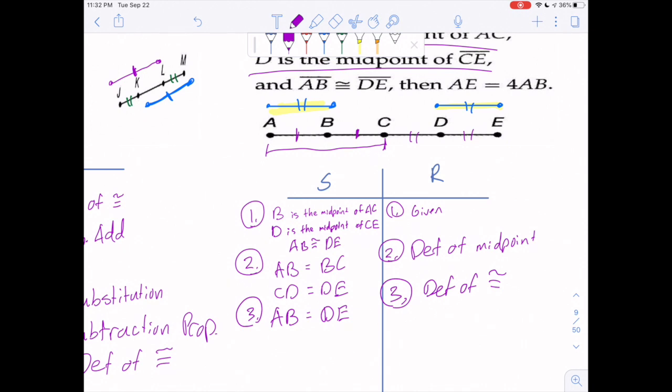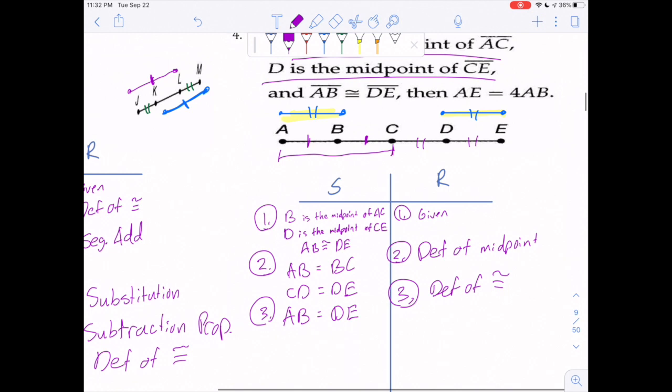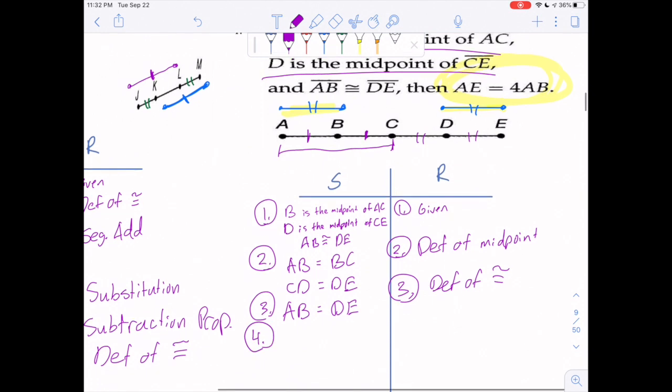We need another tip. Okay, our goal is what? Our goal is to show that AE, which is the whole entire thing, equals 4AB. So what I'm going to do here is essentially a segment addition of AB plus BC equals AC, and then CD plus DE equals CE, right?